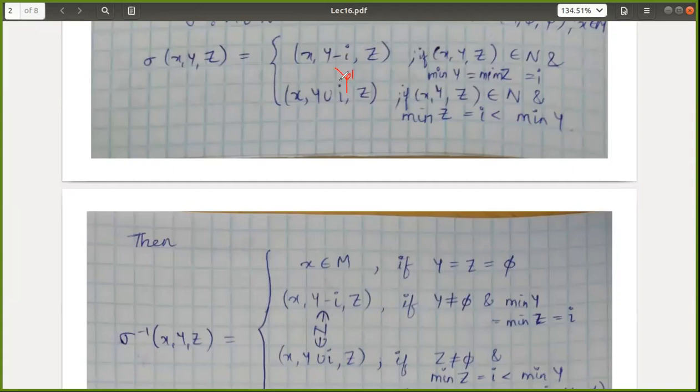So here this is actually your y prime. So from y minus I, you do y prime and then y prime union I. So it's a y minus I union I. So ultimately what you are left with is x, y, z, right?